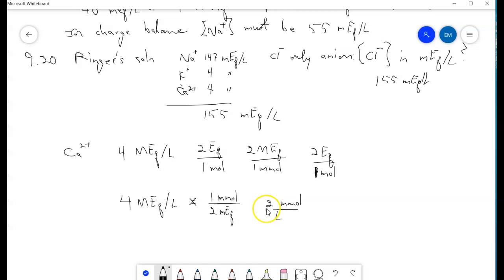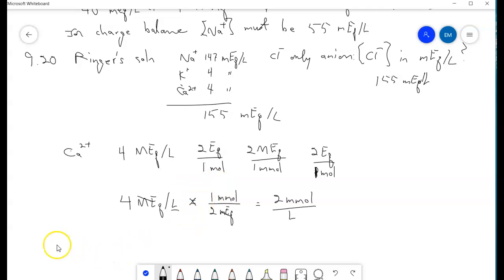But you have to change a little bit here. Wait a minute, let me back up. So 1 milliequivalent, 1 mole is going to give you 2 millimoles per liter. Yeah, 2 millimoles per liter, because this is going to cancel, and you've got liters here.